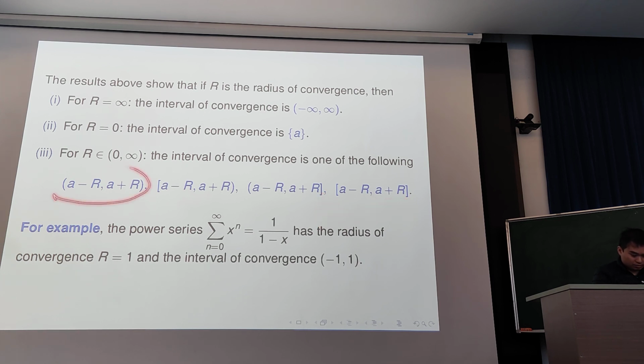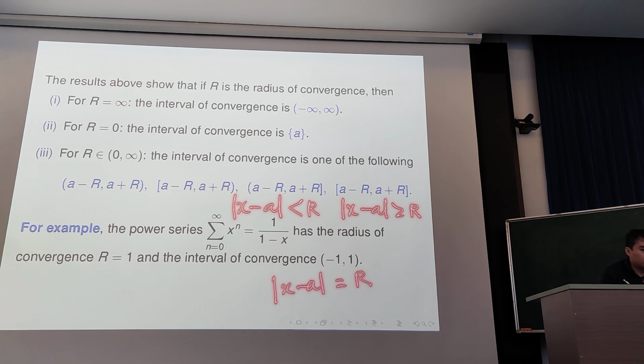Okay, so sorry, the power series converges for the absolute value of x minus a less than R, and diverges for the absolute value of x minus a greater than R. So we have no information when the absolute value of x minus a equals R, right?